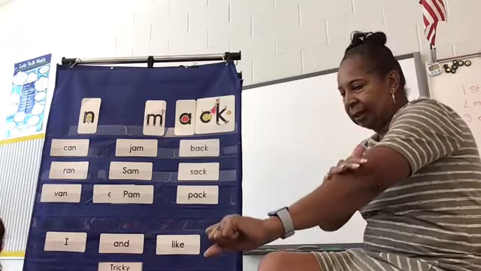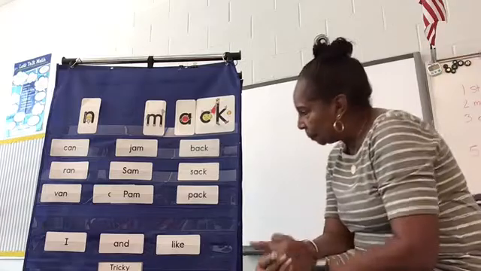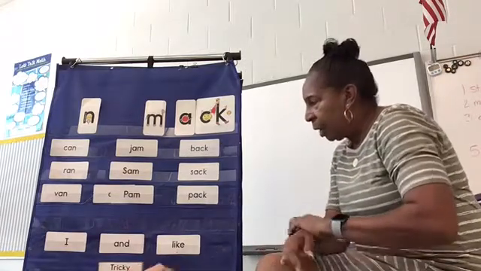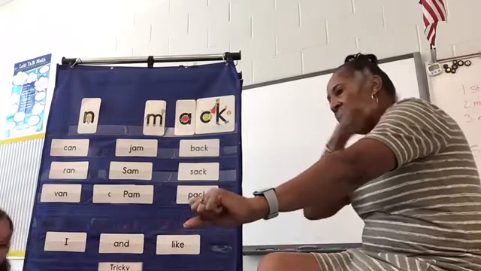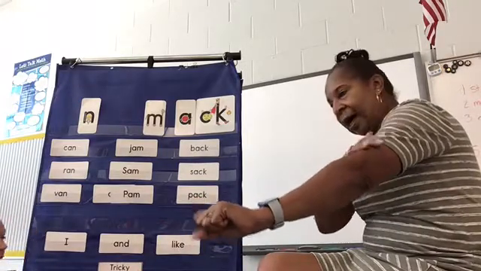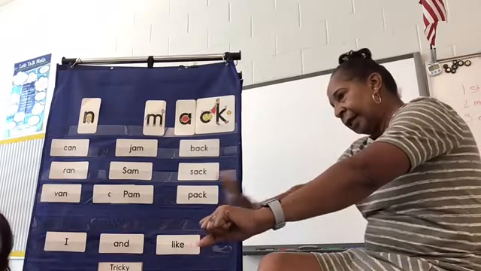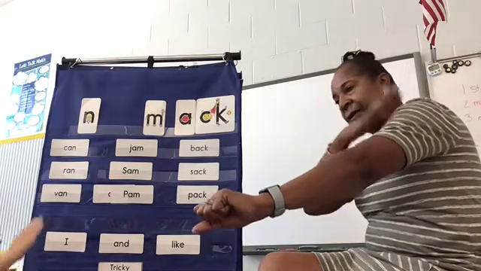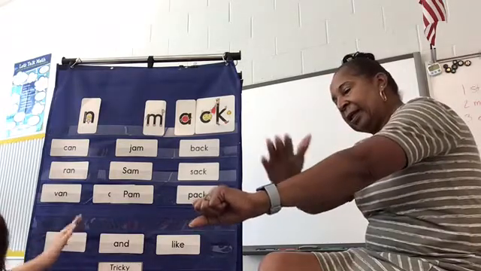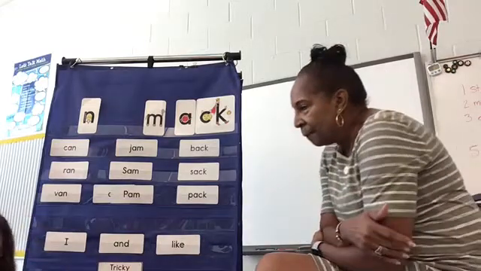A, N, D. And. Good job. And our last word is like. Put it in your speller. Like. L-I-K-E. Like. One more time. Like. L-I-K-E. Like. You guys are amazing.